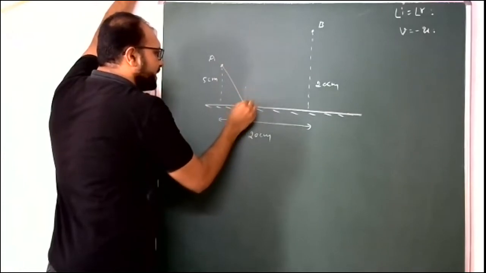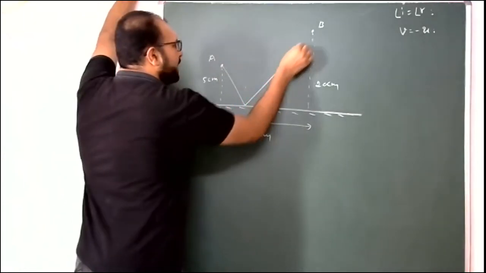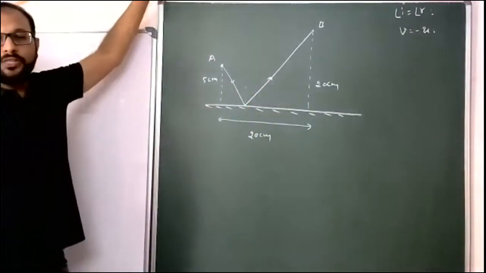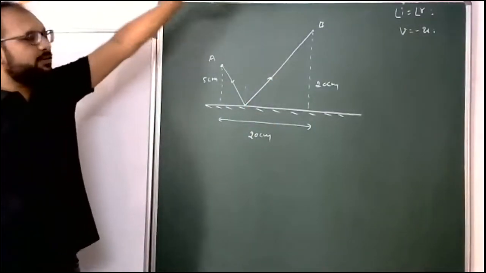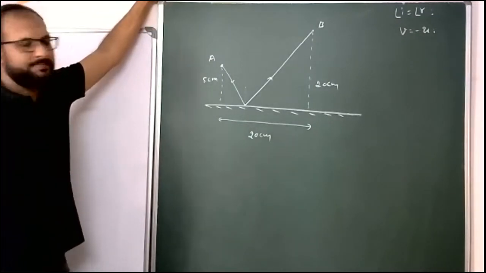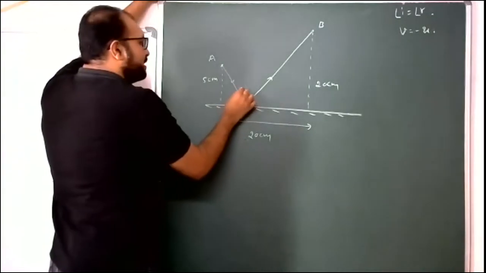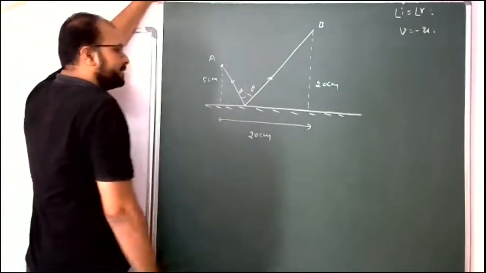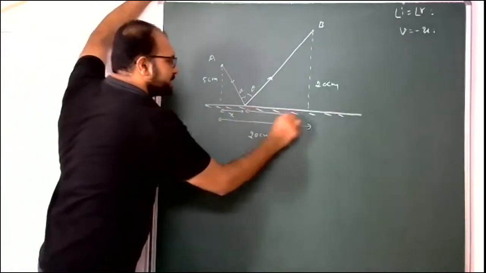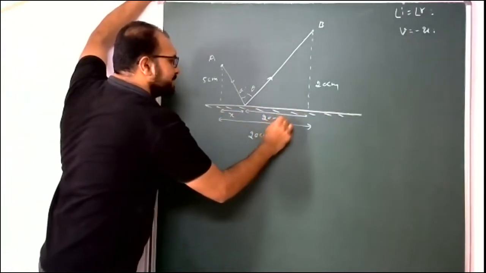Students, now light ray: first incident to here and then going here. So this problem is based on the first principle, angle of incidence equal to angle of reflection. Yes, this angle theta, this angle also theta. Students, I am assuming this length x, this length 20 minus x.